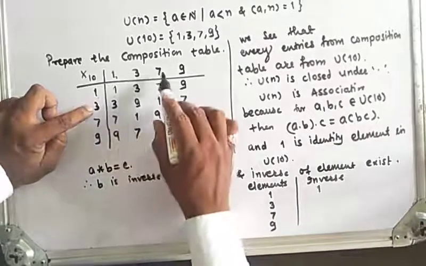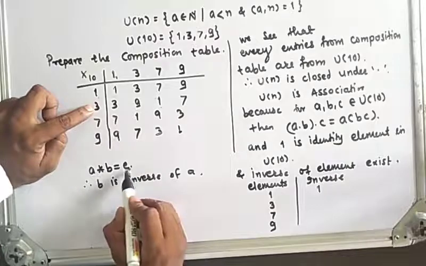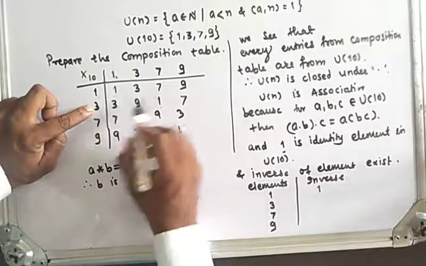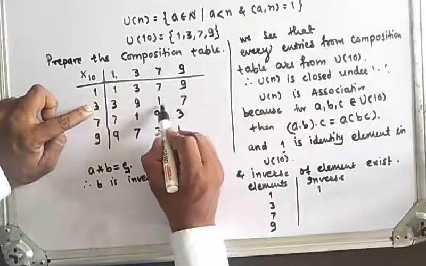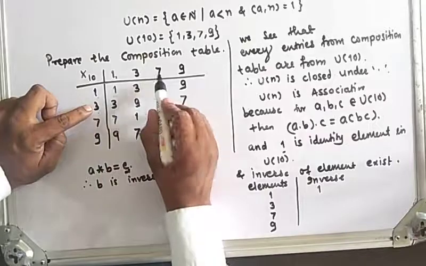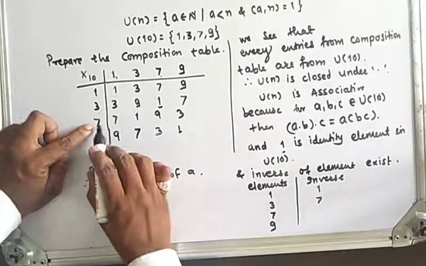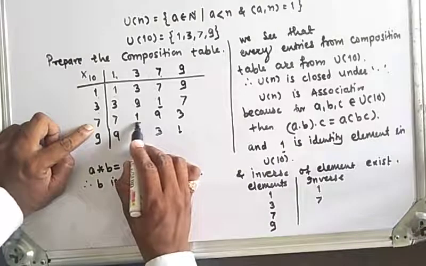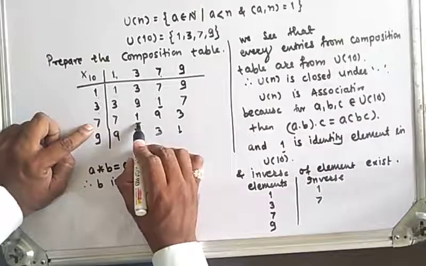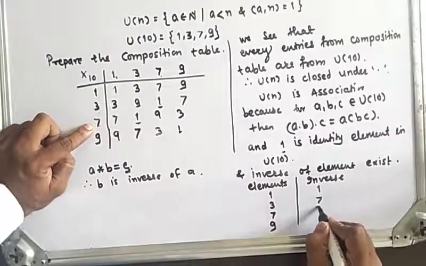Now 3 into 7 is 1, because A into B is equal to the identity. Here the identity element is 1, right? So 3 into 7 is equal to the identity, meaning the inverse of 3 is 7. Next, 7 into 3 is equal to 1, meaning the inverse of 7 is 3.